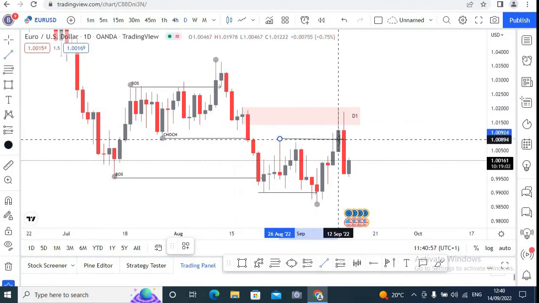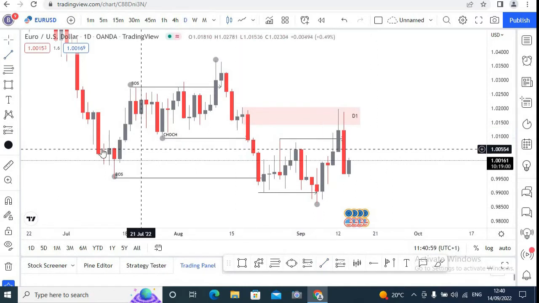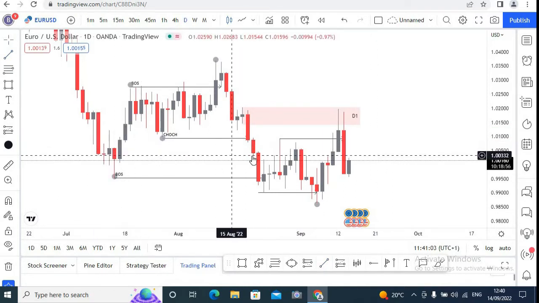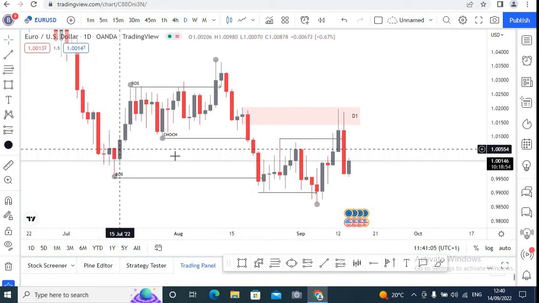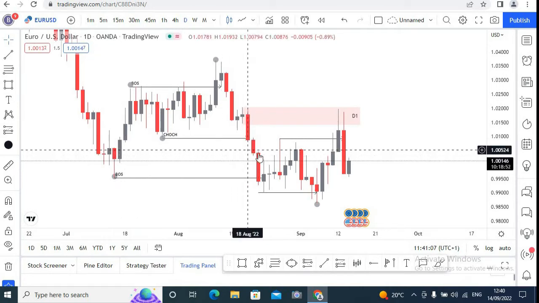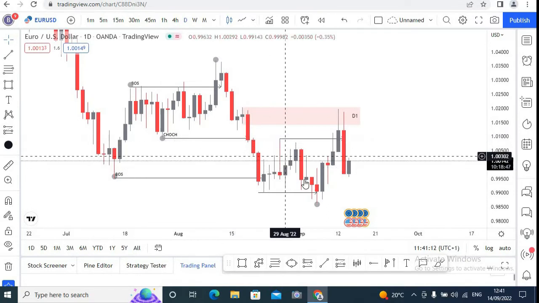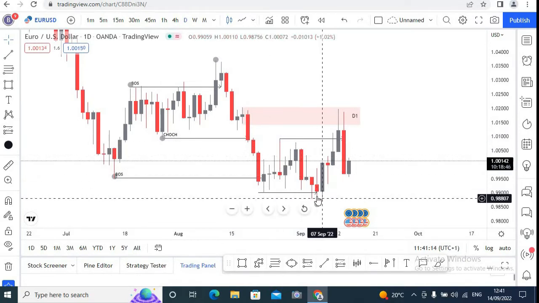Why? Because the price created this zone because of this order block right here. We did have a demand, but the price failed to give us a demand move and continued giving us a bearish move. That's why the price rejected at this momentum and continued going down.